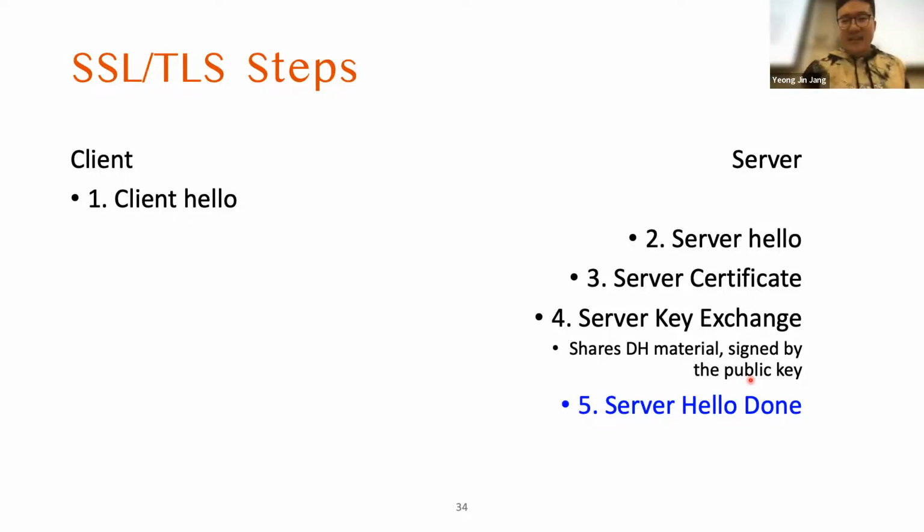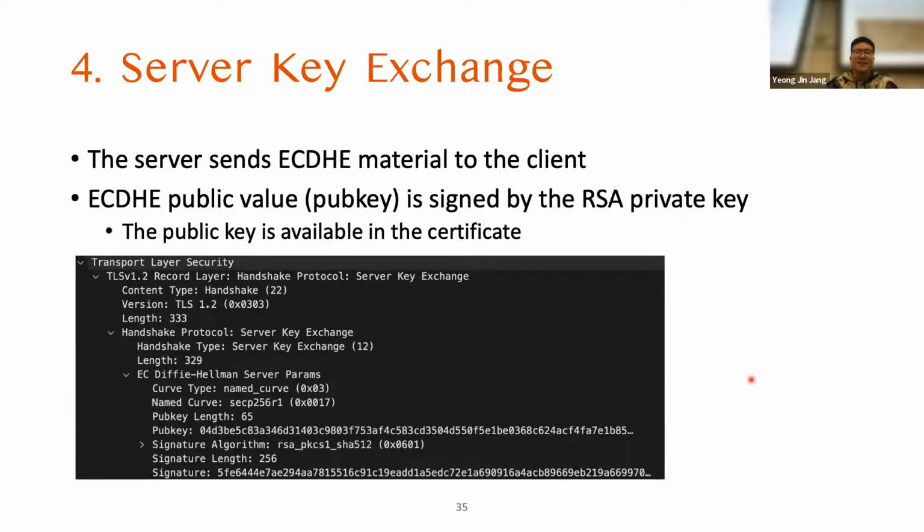So let's take a look at the server key exchange message. From the cipher suite, we know that they are using ECDHE RSA something, right? So they send ECDH, elliptic curve Diffie-Hellman material, and the key length is 65 bytes. They create a private value B, and then generate G to the B mod P, and that value is this one.